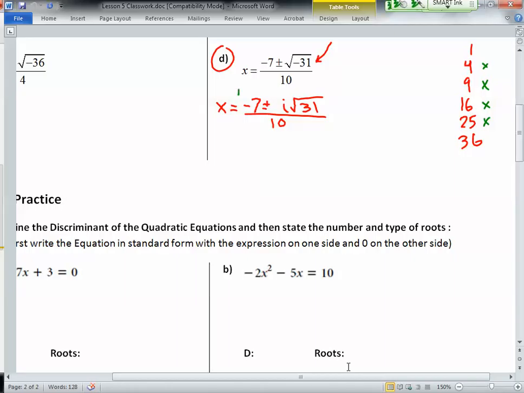I could rewrite this whole thing as x equals -7 over 10. That's my first part. And then I have plus or minus. And my second part is going to be i times the square root of 31 over 10.